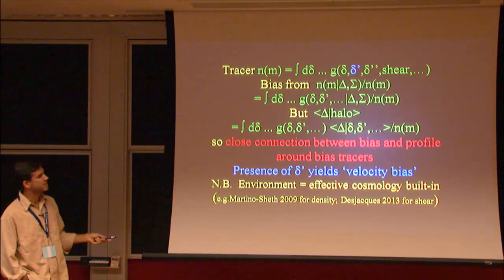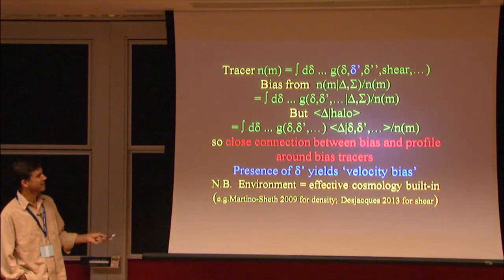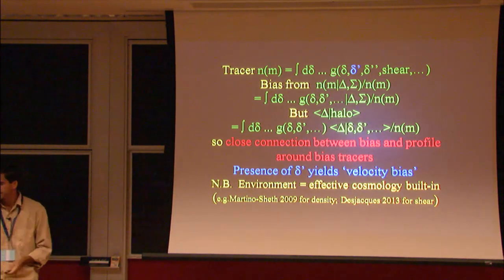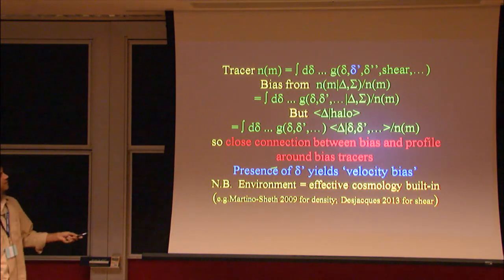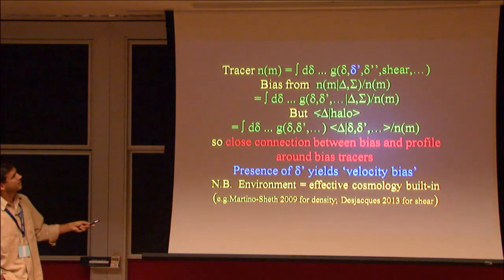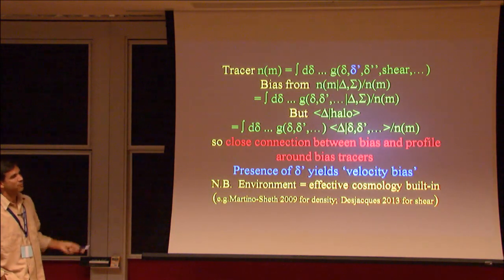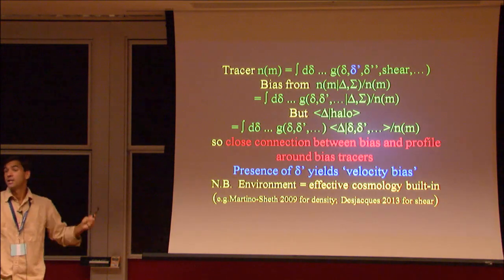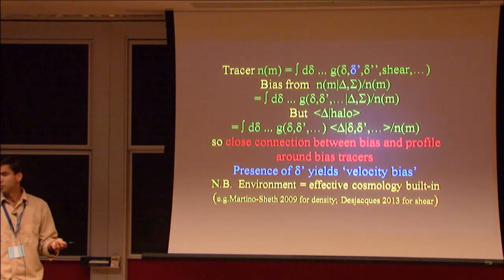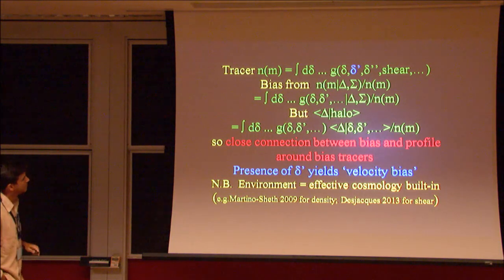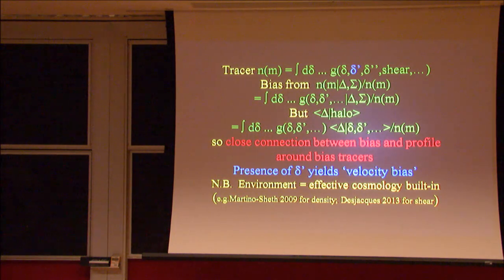And so every little guy that sits here shows up, and we call that bias. How different this density profile is from the correlation function of dark matter is what bias is talking about. And that bias depends on lots of different things.